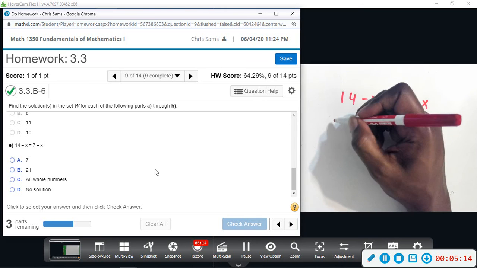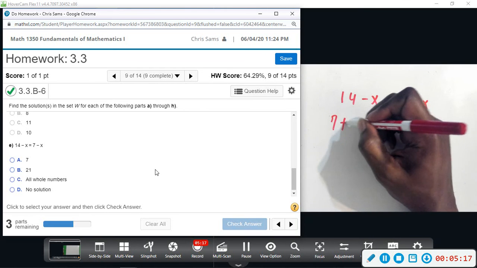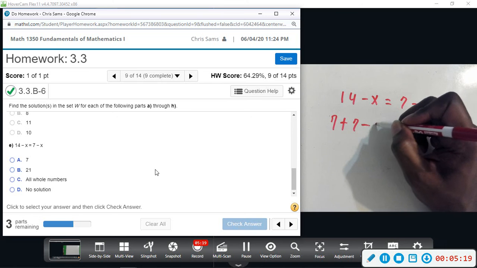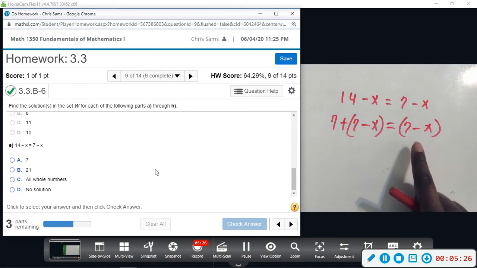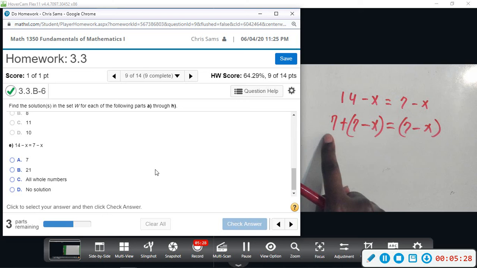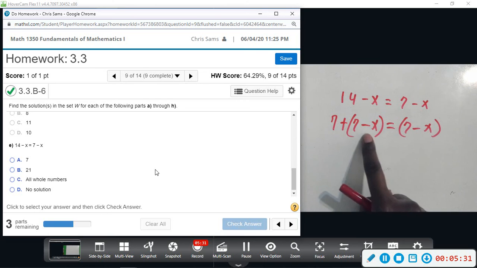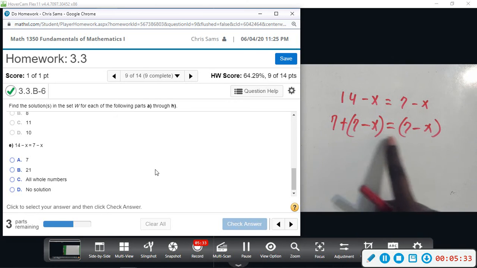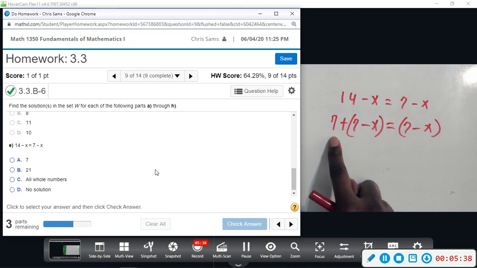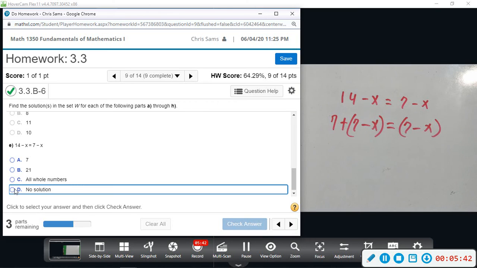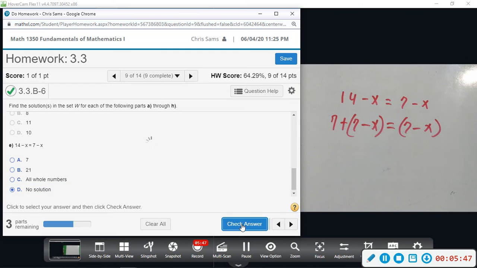Okay, so I'm going to rewrite this as 7 plus 7, that's still my 14, minus x equals 7 minus x. So now I can see that we have a 7 minus x on both sides, but this side has an additional positive 7. So no matter what number I plug in for x, these two sides will not be equal. This side will always be 7 greater. So in this instance, there will be no solution, no one value that I can plug in to both sides to make them equal.